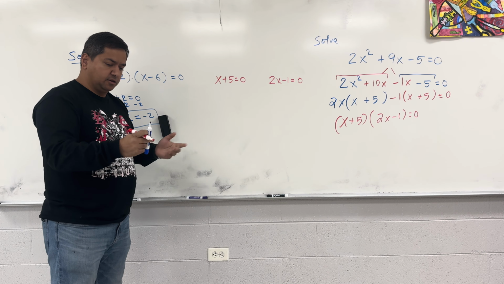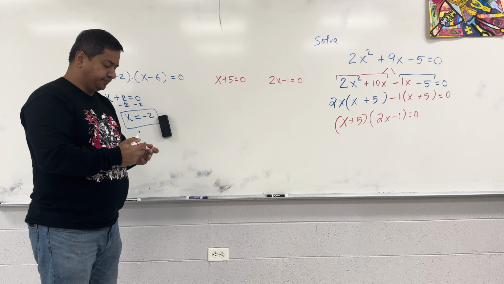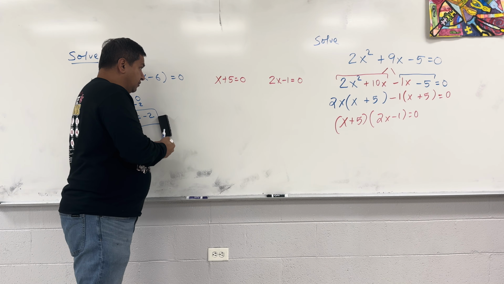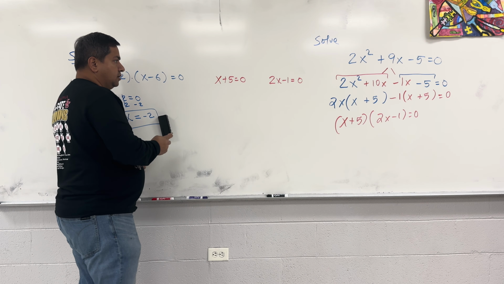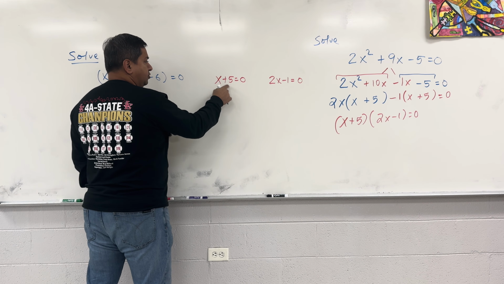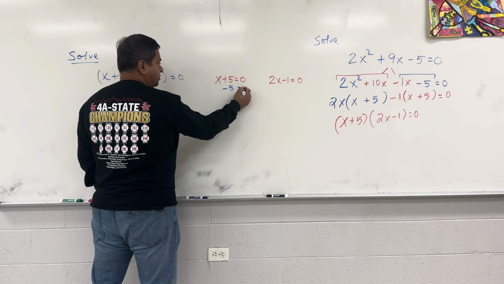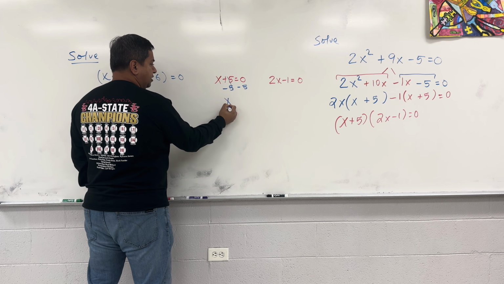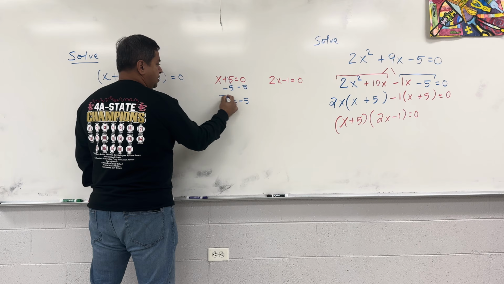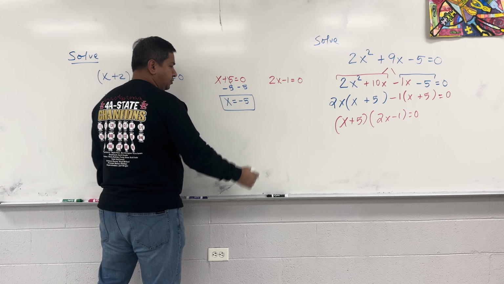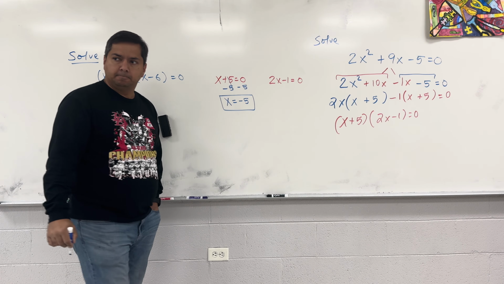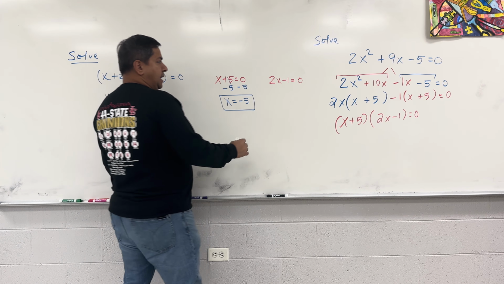So we have two equations. And we just get x by itself on both of these. On the left one, to get x by itself, you subtract 5, which gives me x equals -5. So this is one of the solutions. We good?